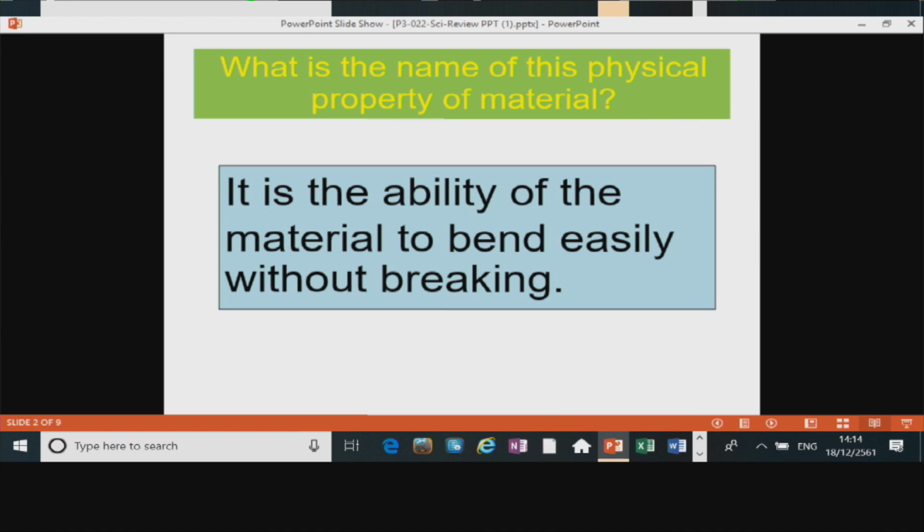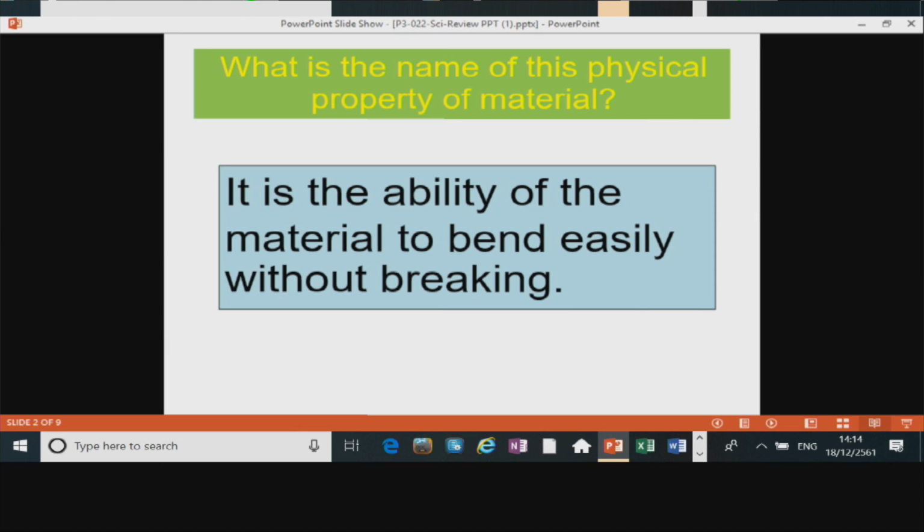Question time. Teacher Wes, well, let's read together. Let's see if we can guess which one it is. What is the name of this physical property of material? Ready? Let's read together. It is the ability of the material to bend easily without breaking.